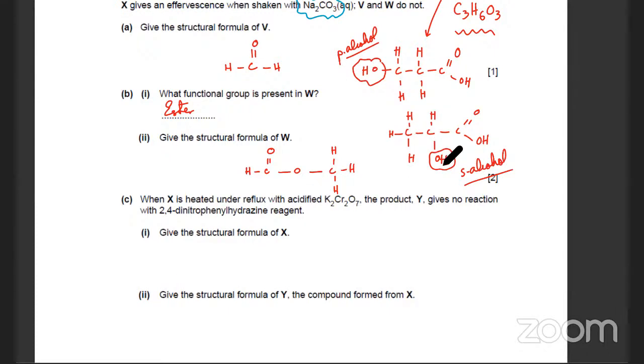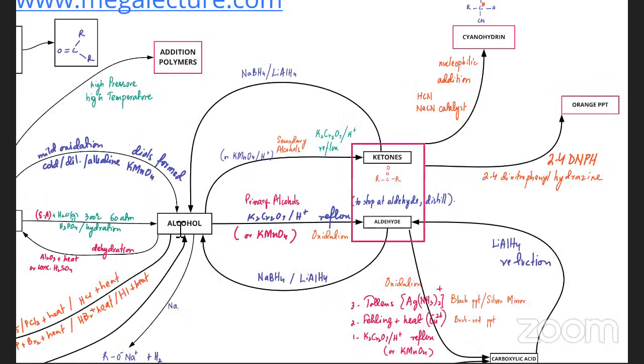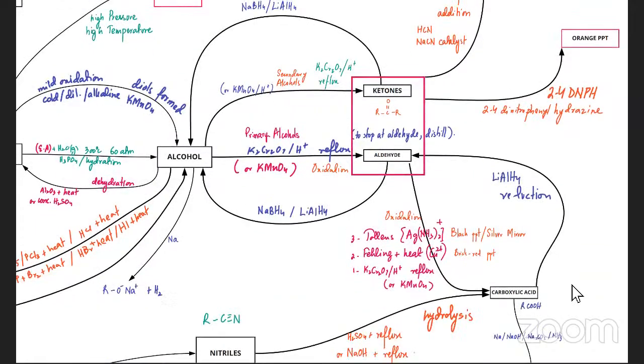So the alcohol must have been a primary alcohol, because it's turning into a carboxylic acid. Primary alcohols get oxidized to aldehydes, and aldehydes get further oxidized to carboxylic acid. So it must be an oxidation reaction that goes all the way to carboxylic acid.